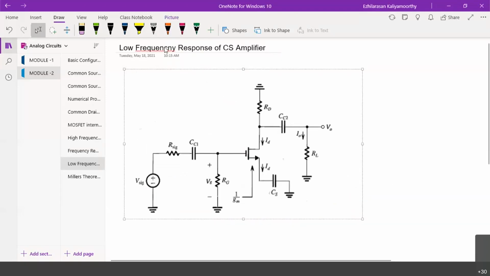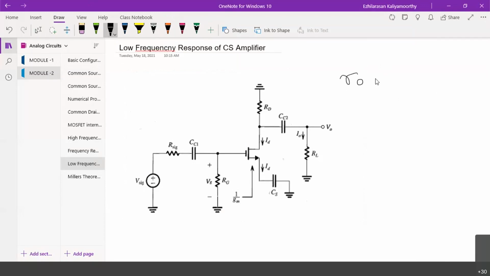Now in this, the R naught is neglected for simplicity. Here we are not showing the R naught.